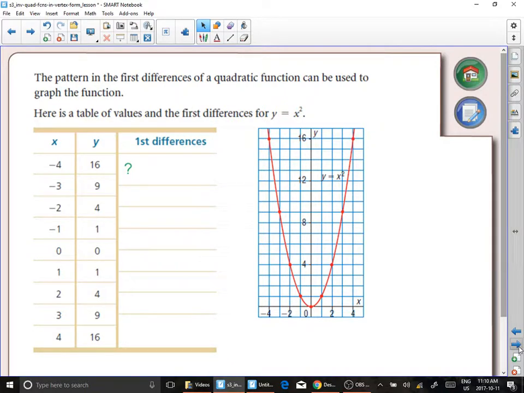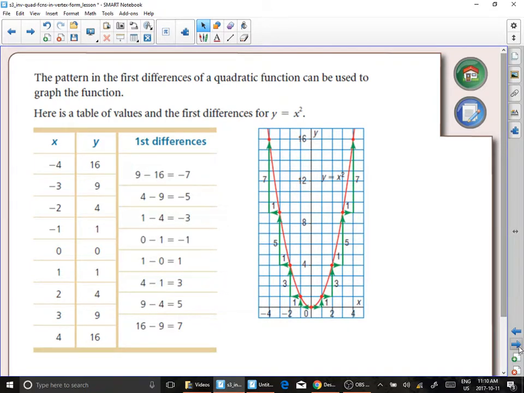Okay, here we go. And this kind of goes to what I was saying. The pattern in the first differences of a quadratic function can be used to graph the function. Here is a table of values and the first differences. So what it does is it finds the differences between each of these values. And you're going to see we get the exact same thing as we got before.